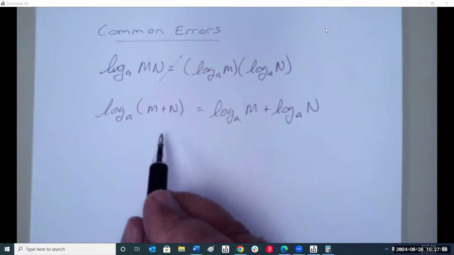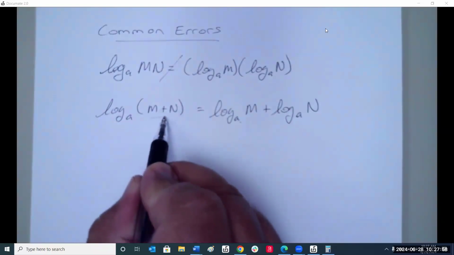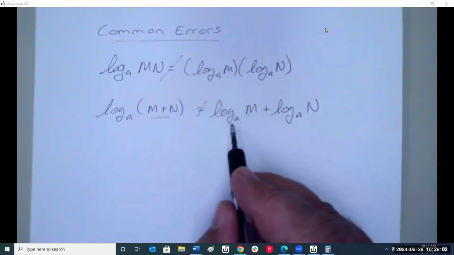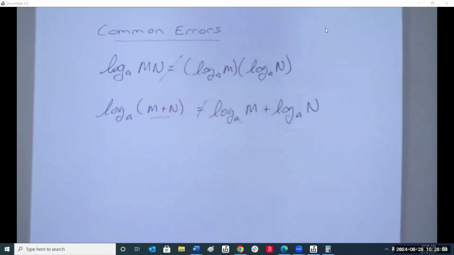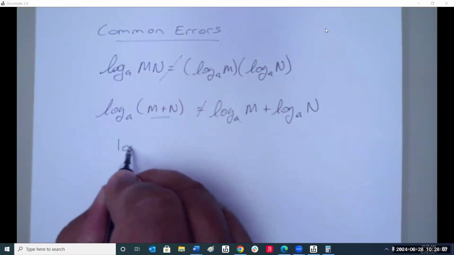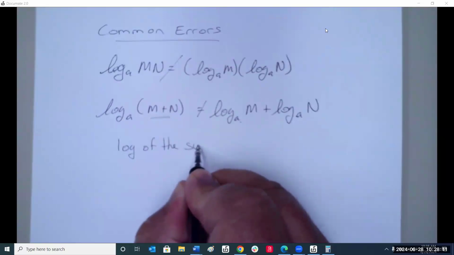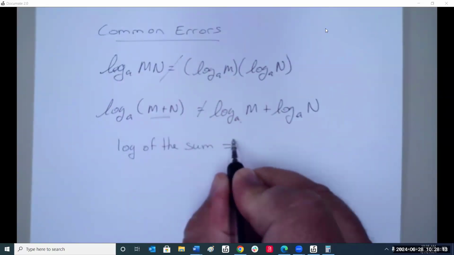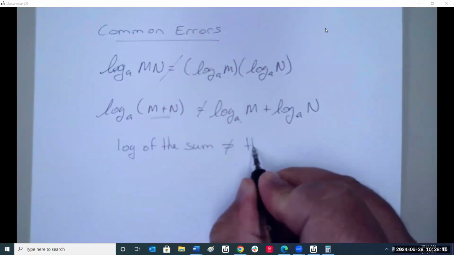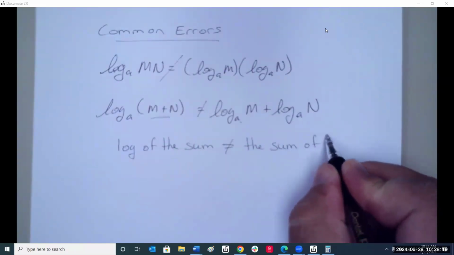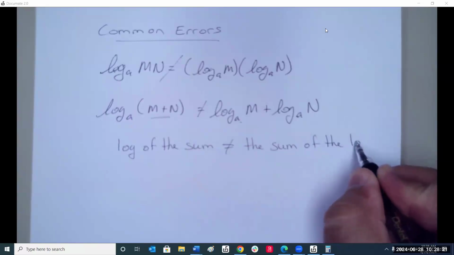What it's saying here is the sum, the log of the sum does not equal the sum of the logs. The log of the sum does not equal the sum of the logs.